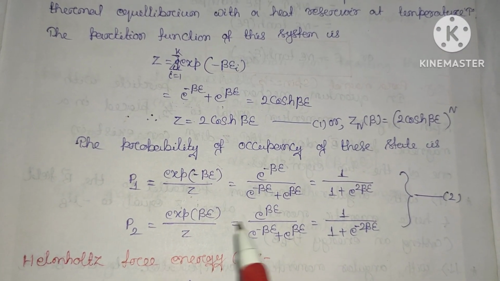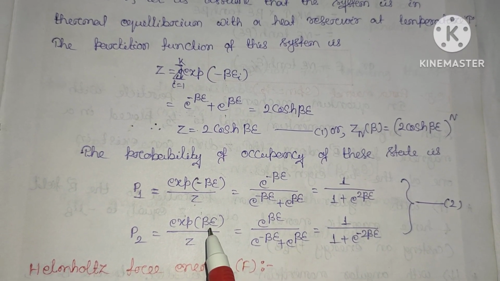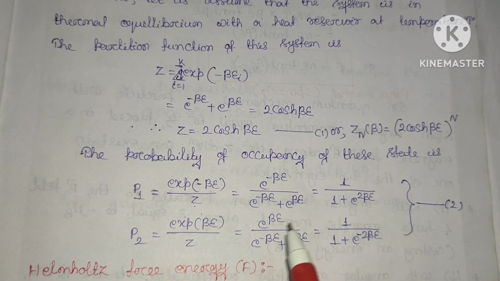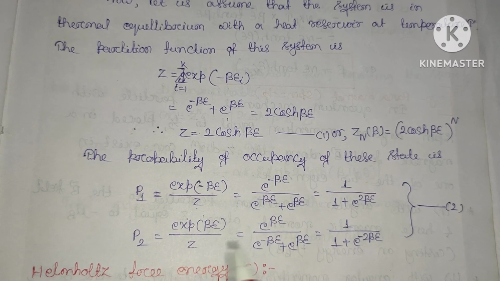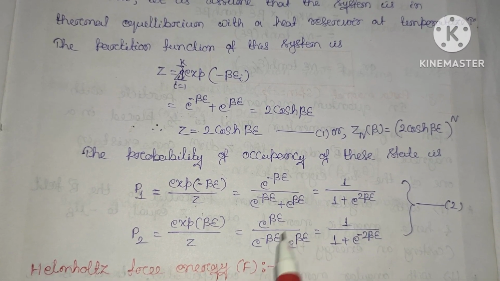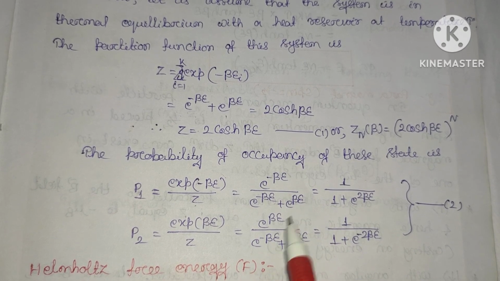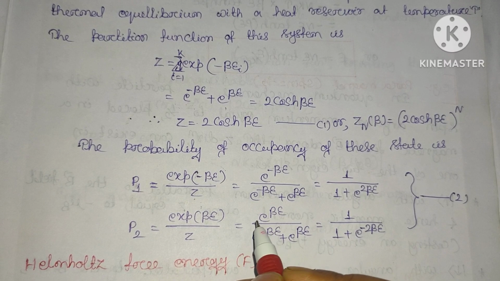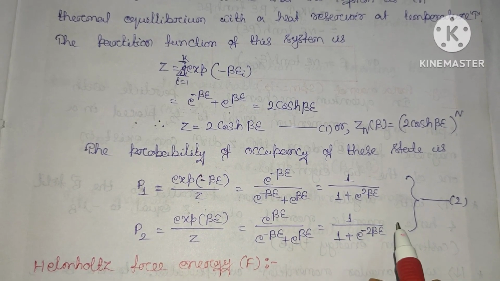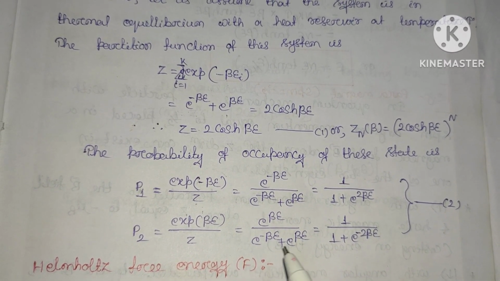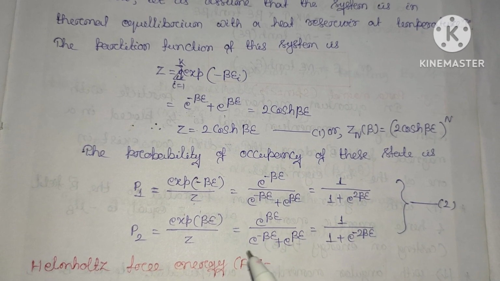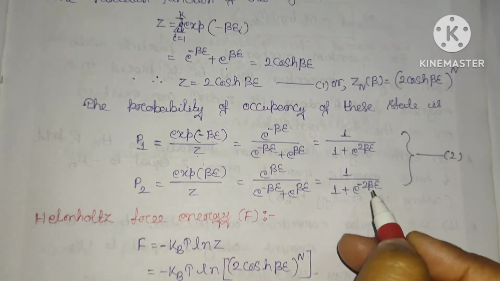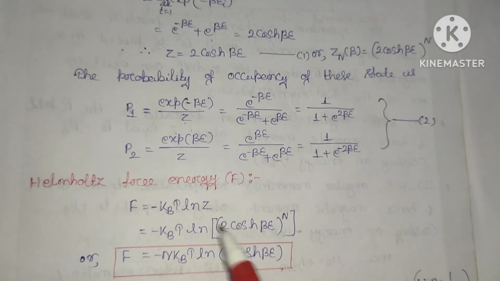Similarly P2 can be calculated as exponential minus of minus epsilon, that becomes plus beta epsilon, divided by Z, the total partition function. By dividing exponential beta epsilon in the denominator and numerator we get 1 divided by 1 plus exponential minus 2 beta epsilon. Clear? So now we will calculate the Helmholtz free energy.